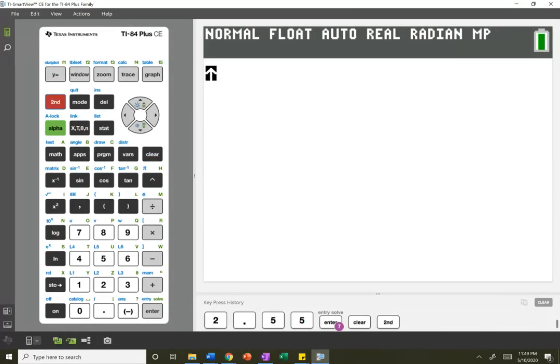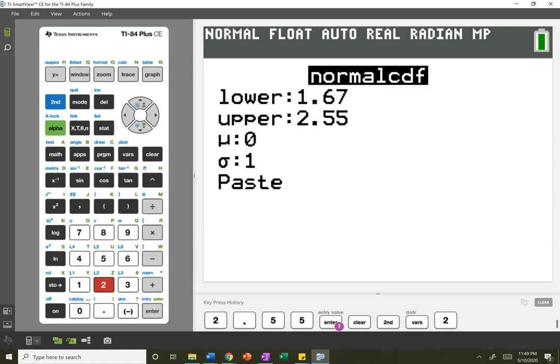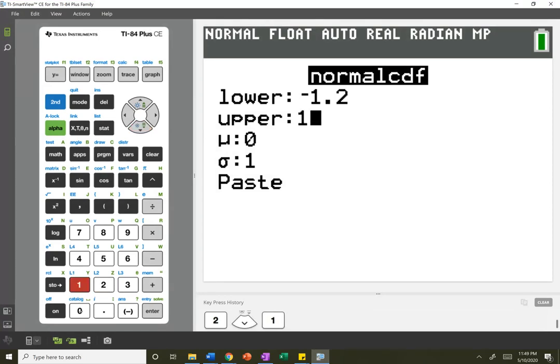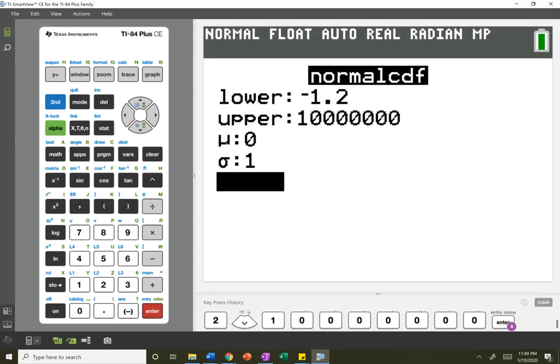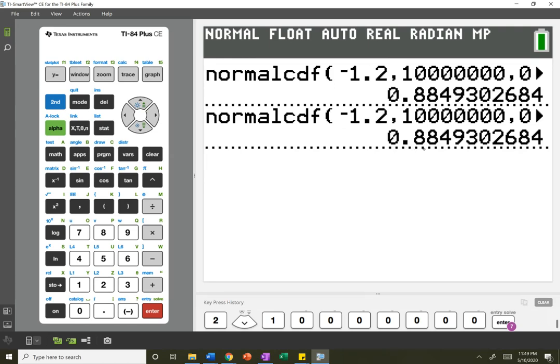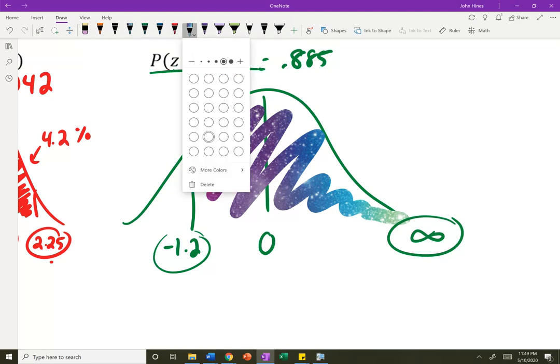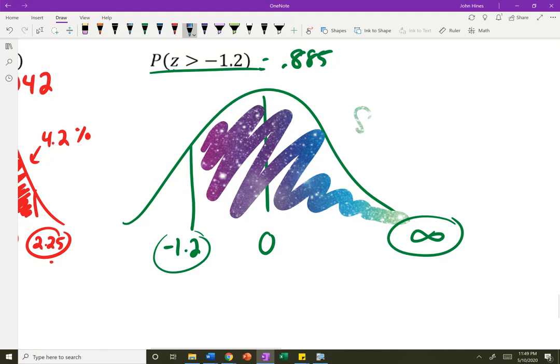Second vars. Normal CDF. Lower bound was negative 1.2, and the upper bound was infinity. Enter, enter, enter. 0.885. So there's about an 88.5% chance I fall in this shaded region here.